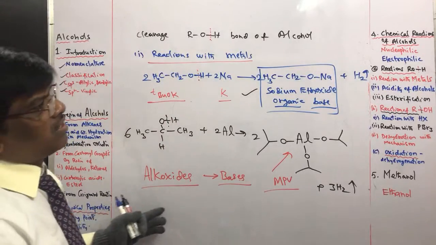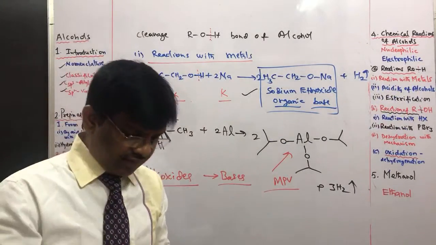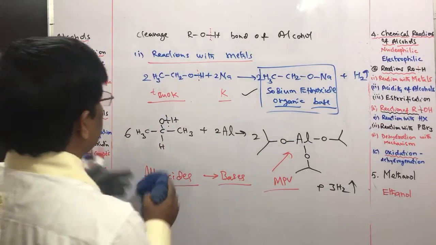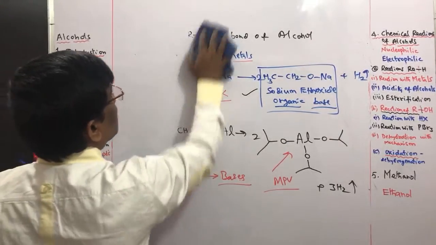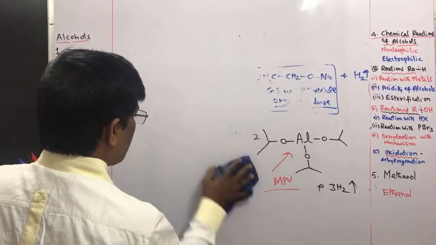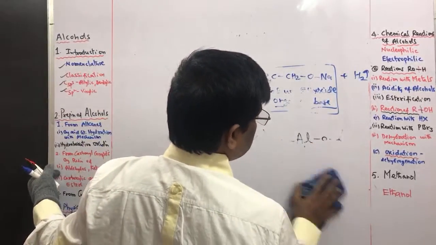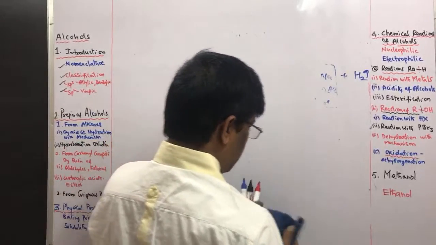Yes, students. So let us take acidity of alcohols. Acidity of alcohols is a very important concept. Are alcohols acidic, basic or neutral? Before going deeper, is water neutral, acidic or basic?